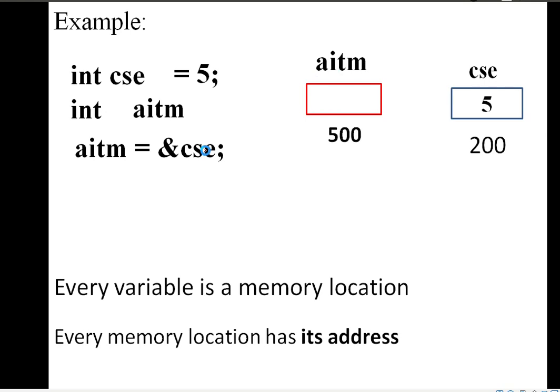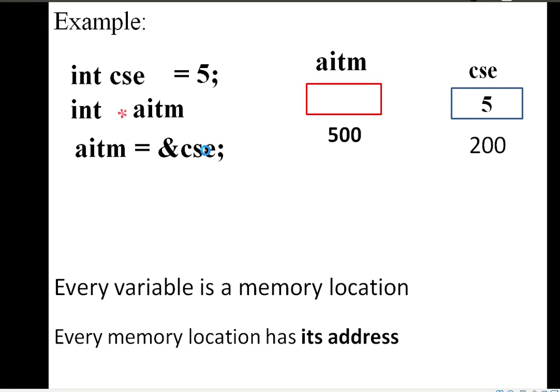The address of the pointer variable is 500. Now what does star represent here? The pointer variable points to another variable, or stores the address of another variable.